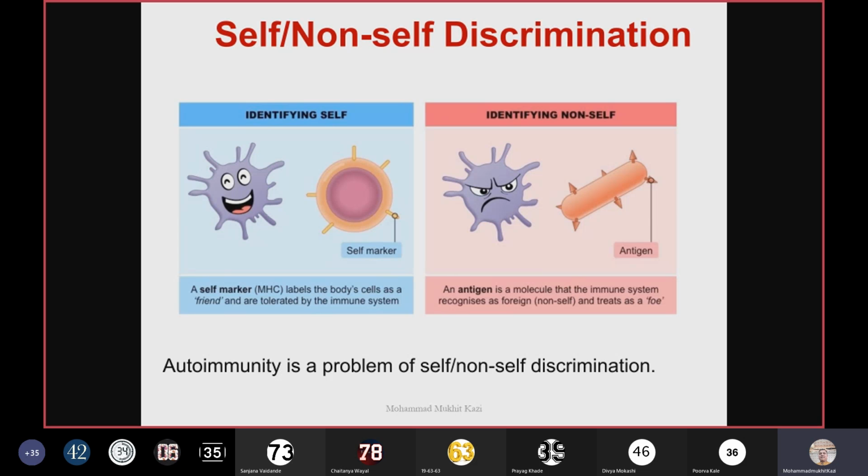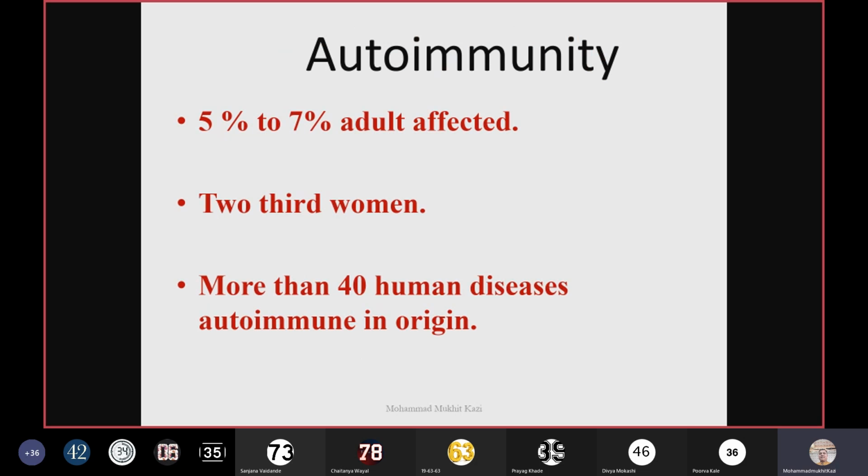Sometimes, during adulthood or due to other reasons, it is possible that your immune cells or antibodies do not recognize self from non-self, and that is the main cause of autoimmunity. So what is the definition of autoimmunity? Autoimmunity is a condition in which structural or functional damage is produced by the action of immunologically competent cells or antibodies against the normal components of the body.